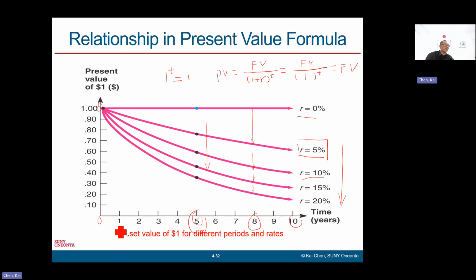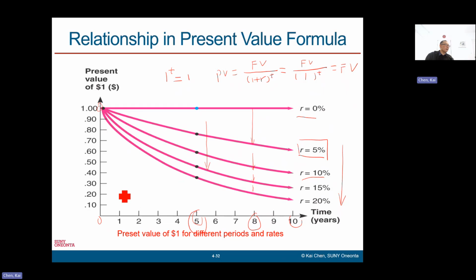Now we can see, no matter what interest rate you would earn, if the holding period is 0, then the present value always equals the future value. It is $1. Of course, we can understand this special point with economics.